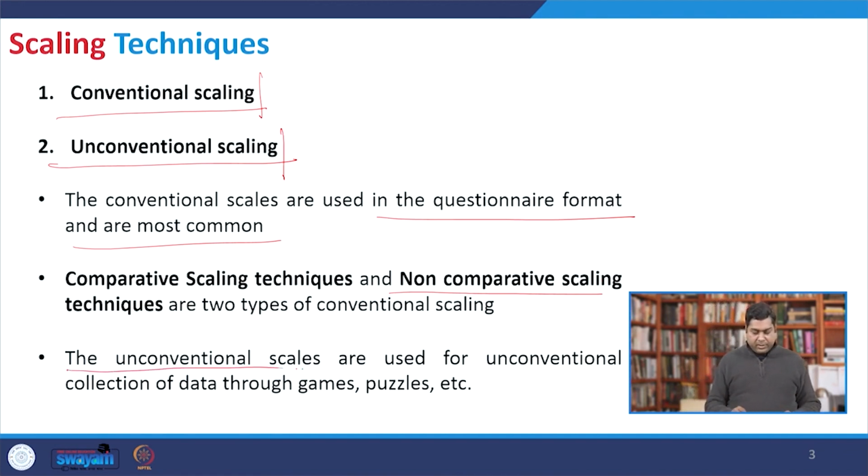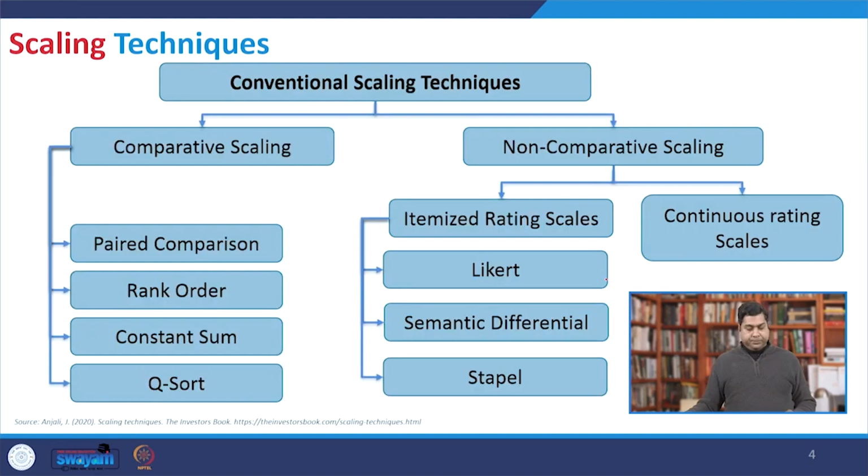Whereas unconventional scales are used for unconventional collection of data through different games, puzzles, etc. So nowadays, apart from questionnaires, you can also get information from other sources which are unconventional. Today's lecture will focus mostly on conventional scaling and the types of conventional scaling, like comparative scaling and non-comparative scaling tools.